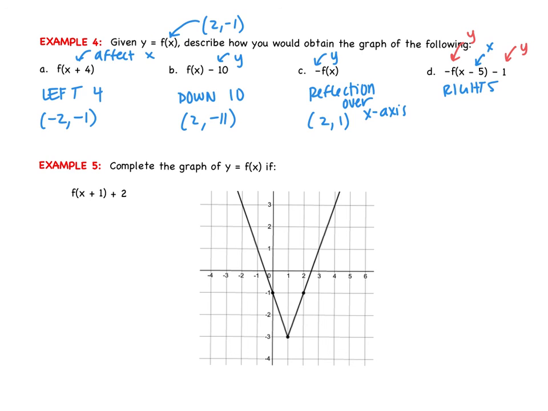The negative, multiplying by a negative, or subtracting? Multiplying. This negative, like we said, is a reflection. So first we would move everything right 5. Then we would reflect over the x-axis. And then that -1 at the end would move us down 1.